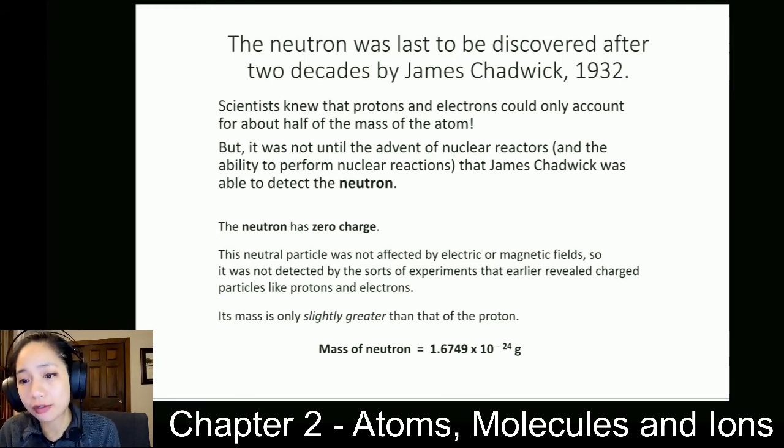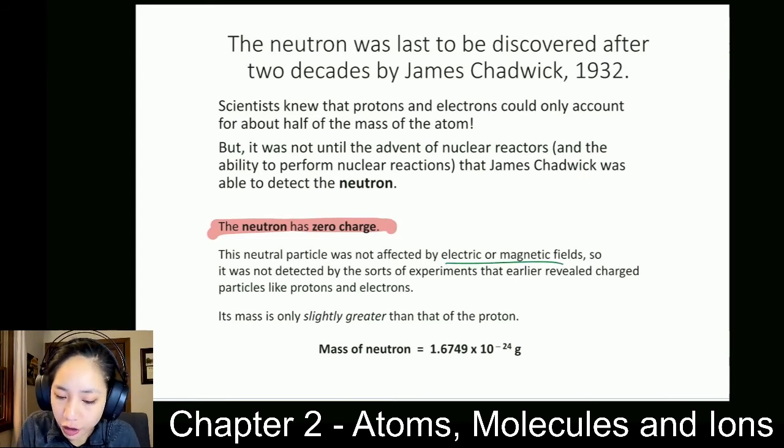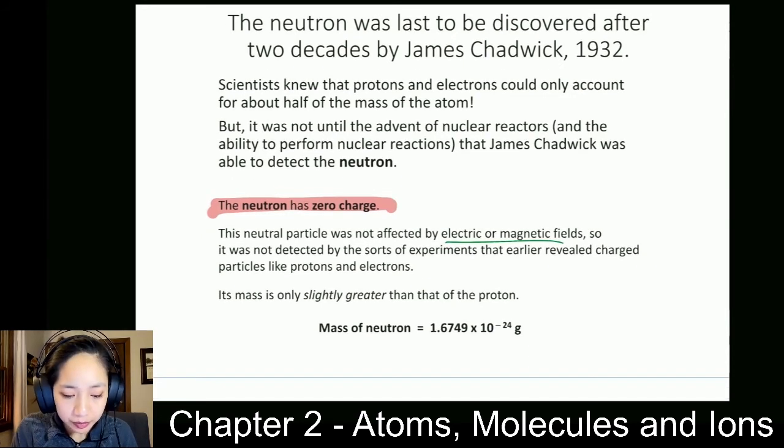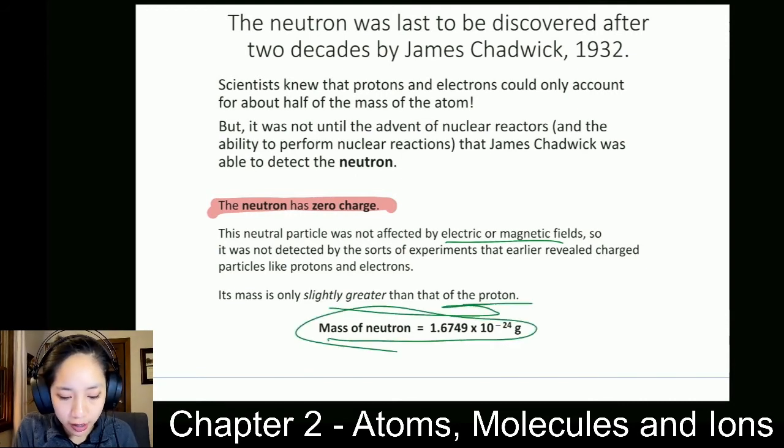So we had to have nuclear reactors in order to do that. And so in the end, the observation they made is that a neutron has zero charge. And because it has zero charge, they're not affected by electric or magnetic fields, so it was a lot harder to find them. And the mass is similar to, only slightly more than, the mass of a proton. So there's the mass of your neutron, and remember, it has a neutral or zero charge.